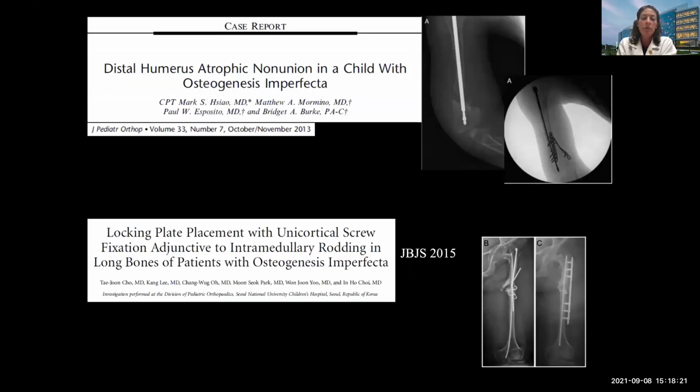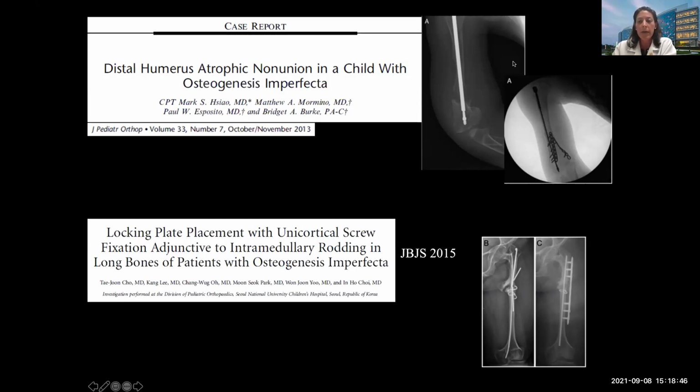This was beautifully described by Dr. Esposito and his team in Omaha. This was one of the first reports in the literature. And he described the use of a supplemental plate and screw construct to address a distal humerus non-union. As we covered in the upper extremity talk, the distal humerus down by the elbow is a very common site to develop non-unions.